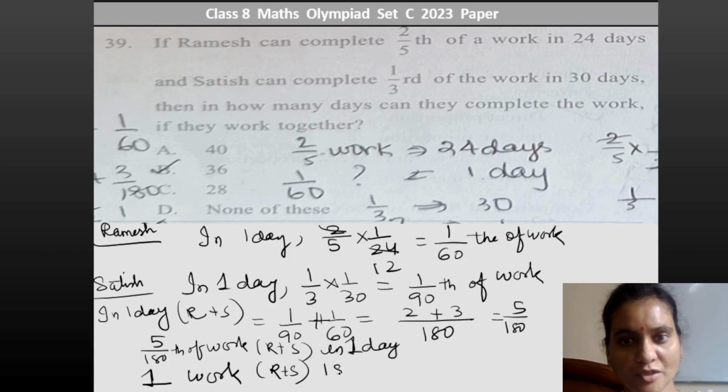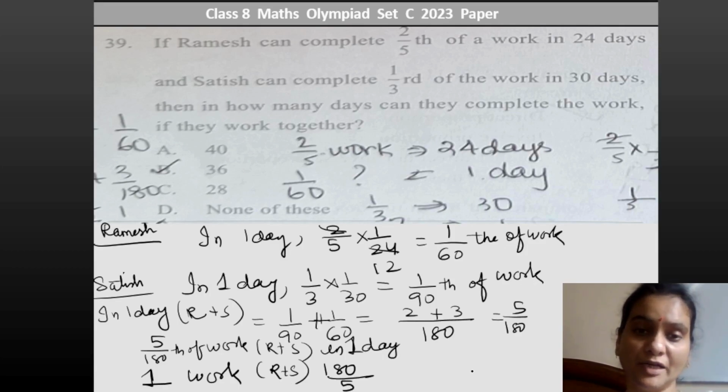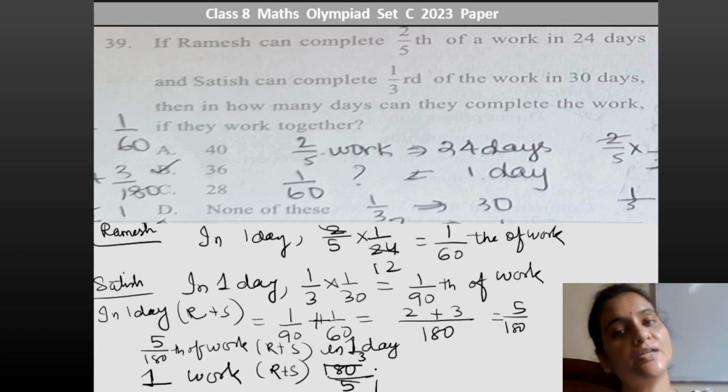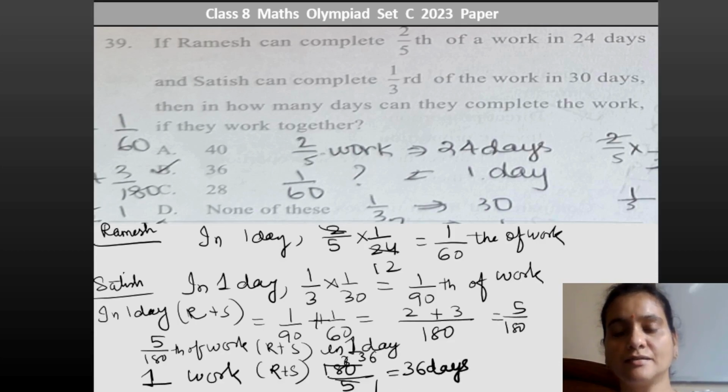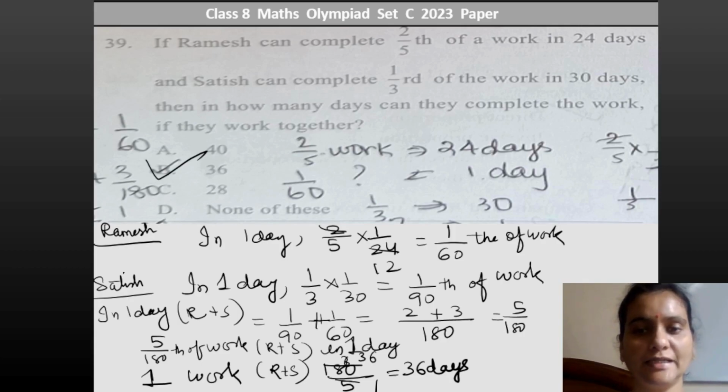So it is actually how much? 180 by 5, because 1 divided by 5/180 is actually 1 into the reciprocal of 5/180, that is 180 by 5. So 5 ones are 5, 5 threes are 15, 18 minus 15 is 3, 3 comes here again, 30 it becomes, so 5 sixes are 30. So for both Ramesh and Satish to complete the entire work, it will take 36 days, which is option B, the correct answer for question number 39.